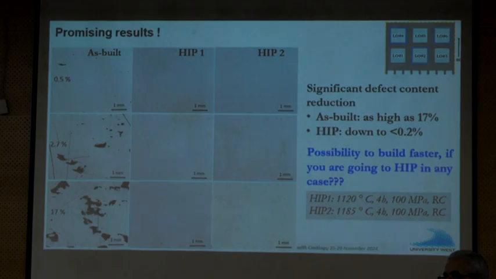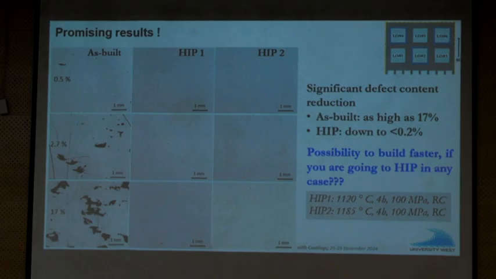But if there are applications that do not absolutely demand HIPping, then this is a bad strategy, because it forces you to HIP. That is not what you want to do. Then you are better off building it like this, because that application may be okay with 0.5, 0.7. So, you need to be a little bit careful in what you decide. What looks like a great idea here may not be a great idea for some other application.